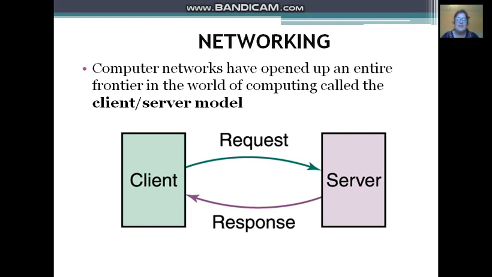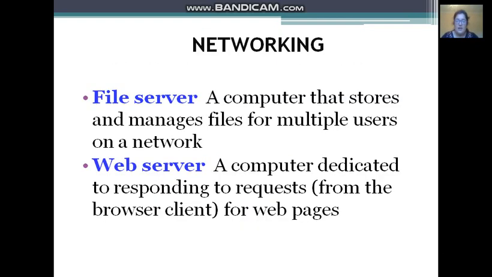Here, between server and client, there are request and response. File server: a computer that stores and manages files from multiple users on a network. Web server: a computer dedicated to responding to requests from the browser client for web pages.